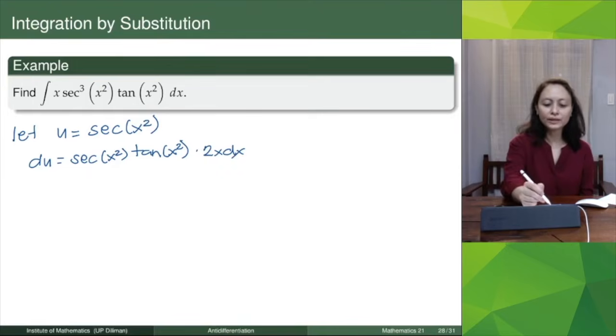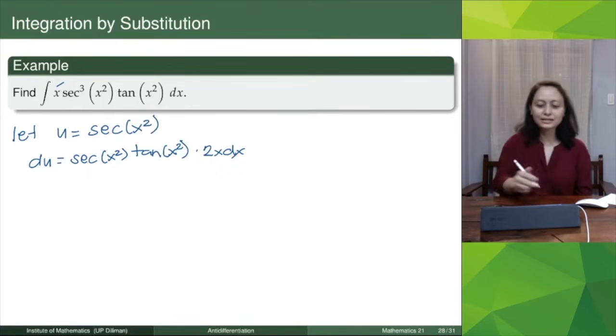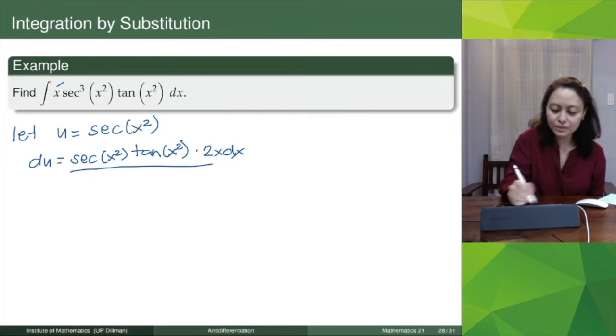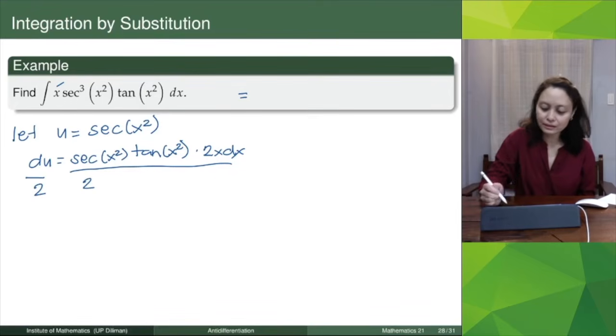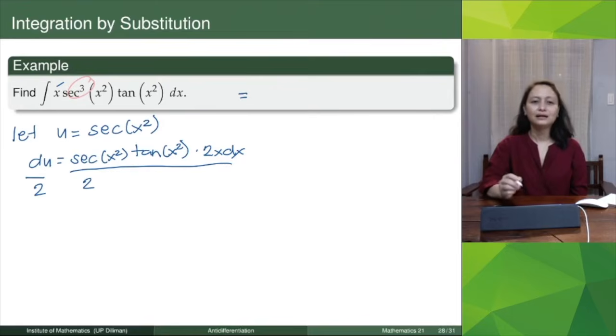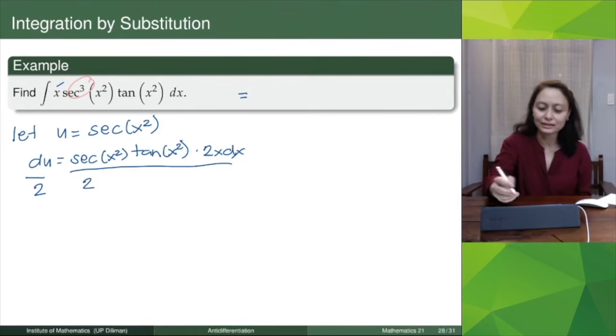Okay, but if you compare dun sa given, x dx lang yan. So, we can divide both sides by 2. Okay, so we can actually rewrite this. Sige, so para mas clear, pwedeng paghiwalayin natin yung, or kumuha tayo ng isang secant dito.